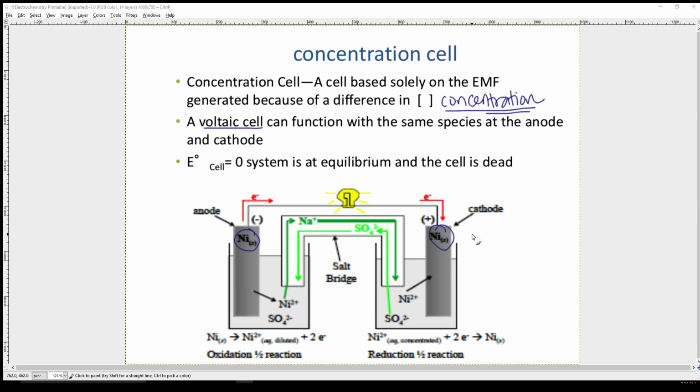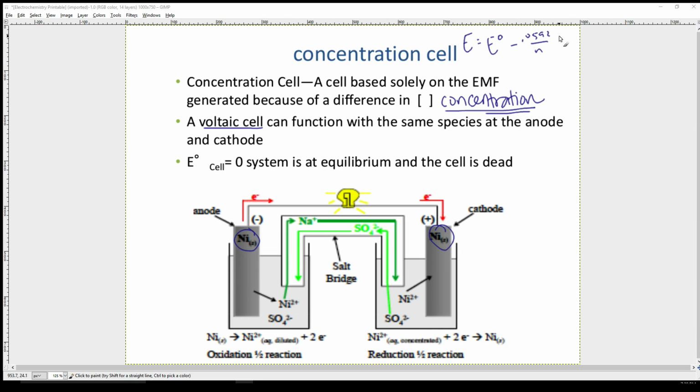In this system, always, if the E of the cell is 0, then the system would be at equilibrium and the cell would be dead. When you're doing calculations using the Nernst equation, the E standard is always going to end up being equal to 0.